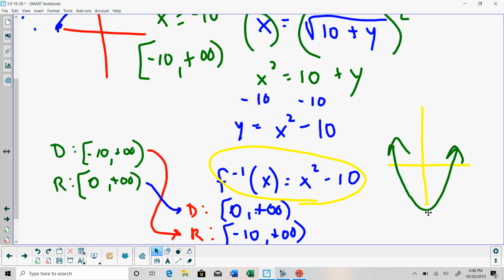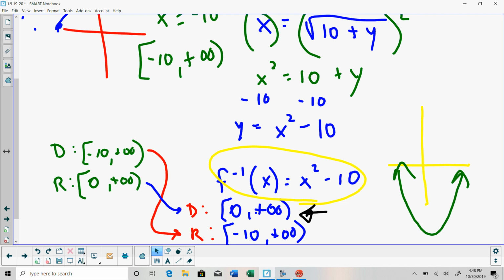But according to this domain here, I can only have this graph from 0 to positive infinity, which means I really need to erase part of this graph. I just want to get rid of all of this and really have my graph just from 0 to positive infinity. So my graph is really going to look something like this.